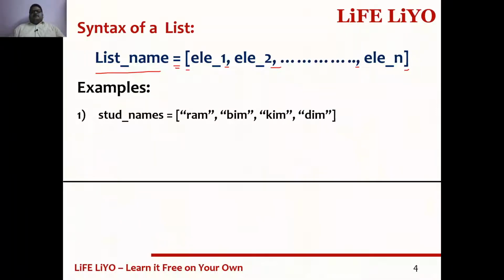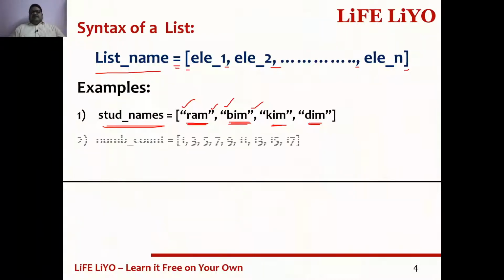First, this is a list with all the elements as strings, because any string has to be kept inside double quotes. This element is also a string, this element is also a string, and this one too. Here student names is the list name, which consists of all elements as strings.